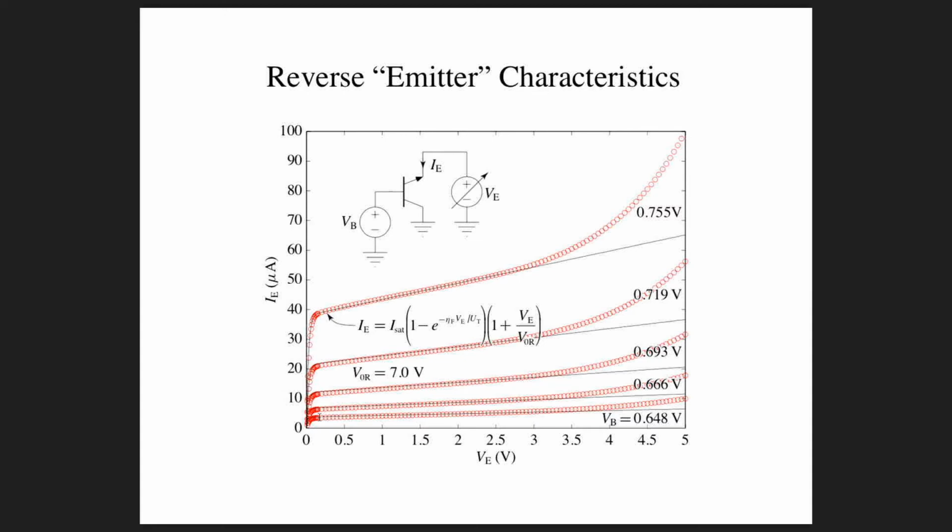We have a region of soft saturation where reverse active behavior is also describing the situation quite well. And then we have the deep saturation part where the current plummets down towards 0.